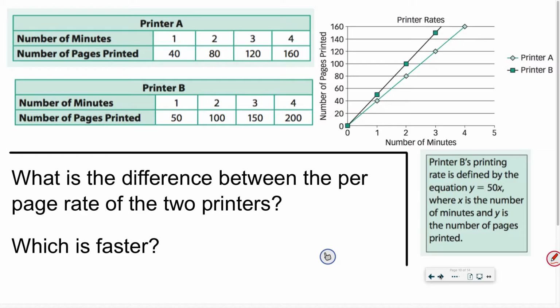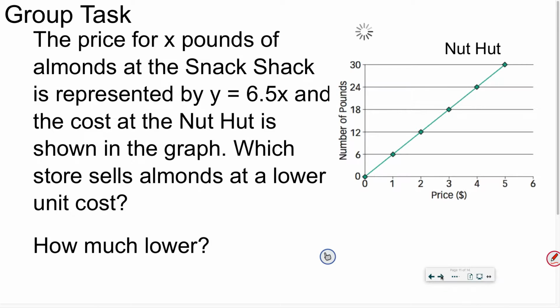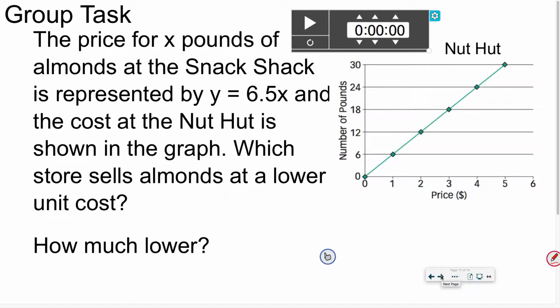So the first thing, we're going to start to do this in small groups, then we're going to break off independently. So together, here is our situation. We're going to compare two relationships. The price for x pounds of almonds at the Snack Shack is represented by this equation, y equals 6.5x. And the cost at the Nut Hut is shown in the graph.